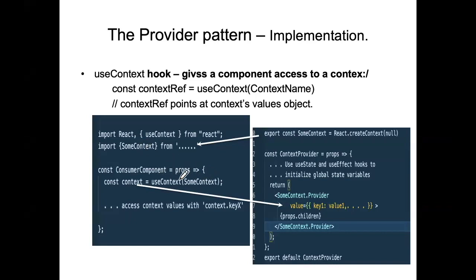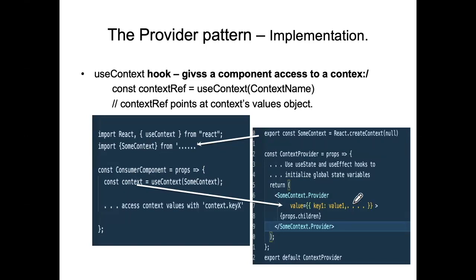Now, this expression here, what it returns is essentially the object that you assigned to the values prop over here. So in other words, that variable there is pointing at what I keep referring to as my orange box. But my orange box is this object here.